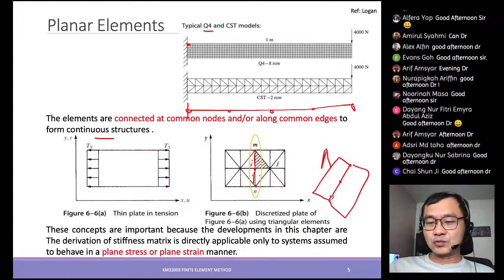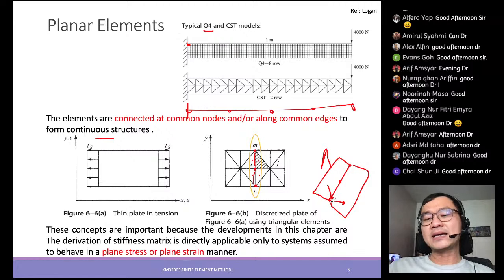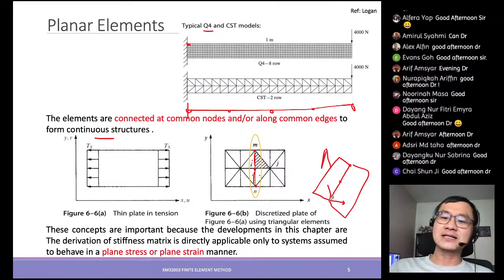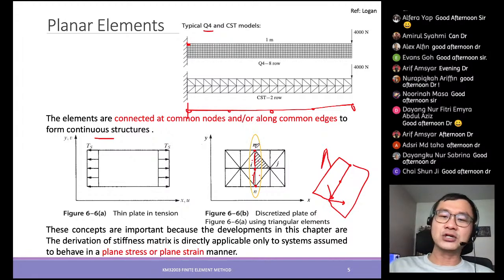Maybe there is one small node that belongs to this part or element, and another node that belongs to this one. But you can see that these two particular nodes are very close, and in fact you may want them to be combined and move together as a single node. So in this case you have to detect very near nodes and merge them together into a single node so that they share the same node.